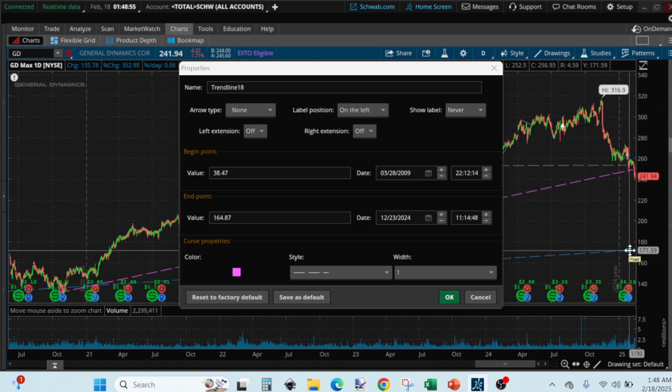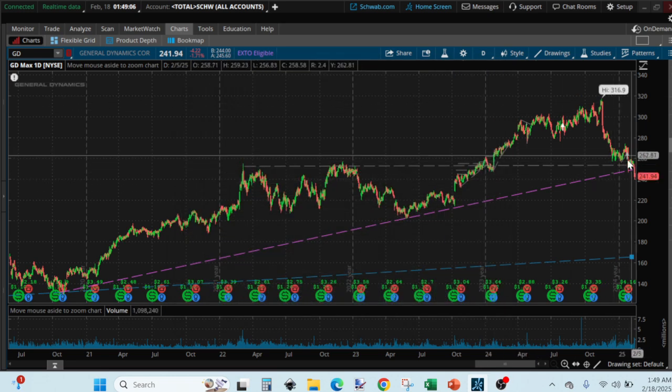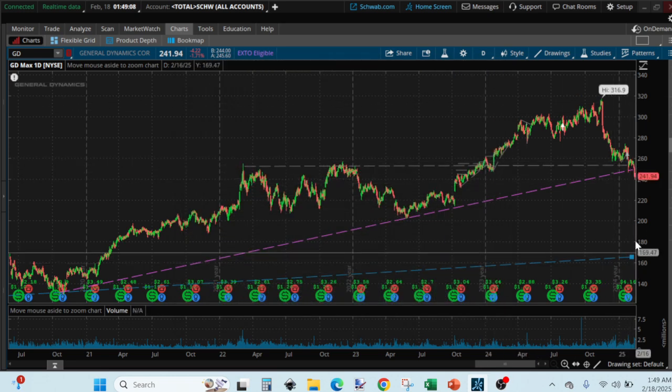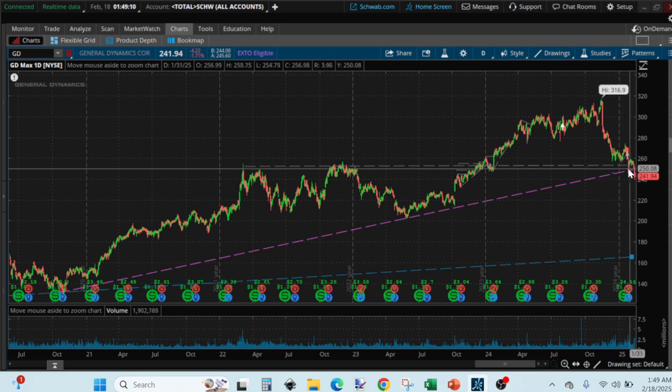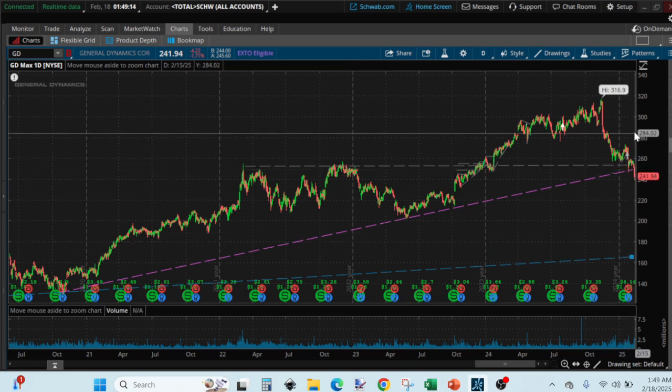As the price is moving, you will keep extending your trend lines so that you can compare where the price is to your trend line. So we don't know if it's going to continue all the way here or if it's going to stop there and continue. We are going to move to the 1 year daily chart.